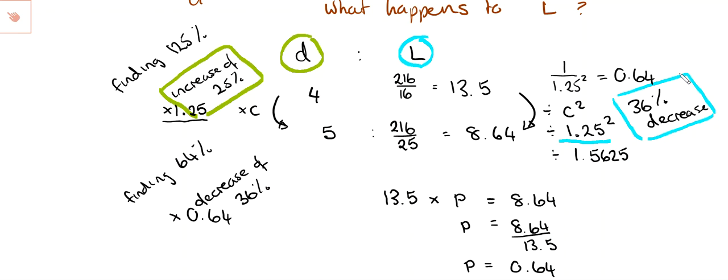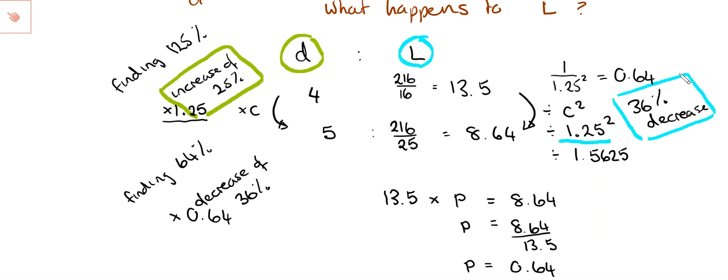Why would it be 1 over? Well, do you remember I talked about inverse relationships? If you multiply one side, you divide the other, but direct relationships are multiply and multiply.